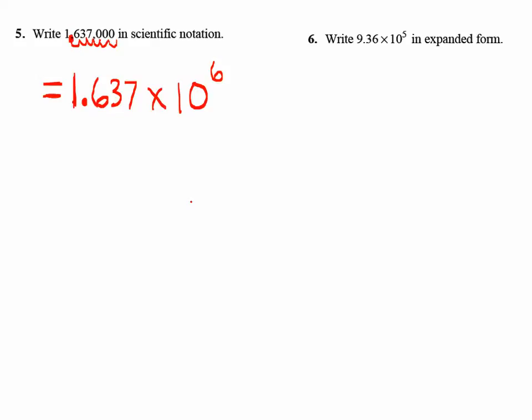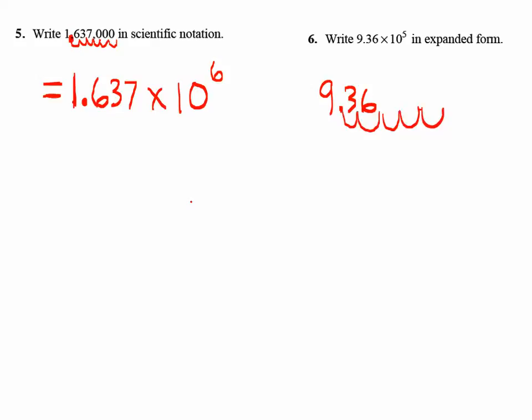Okay, and how about the other way? 9.36 times 10 to the 5th, what actually is that? It's already in scientific notation, so can you put it into expanded form? Going back the other way here, we just write down 9.36 the way it is, and we start counting off the decimal places. 1, 2, 3, 4, 5.